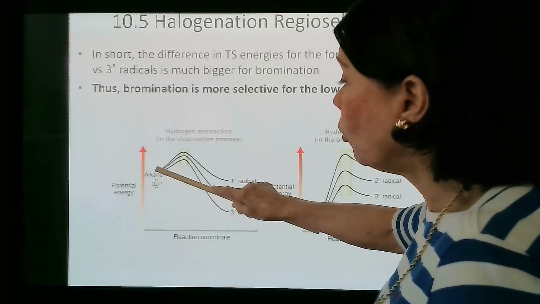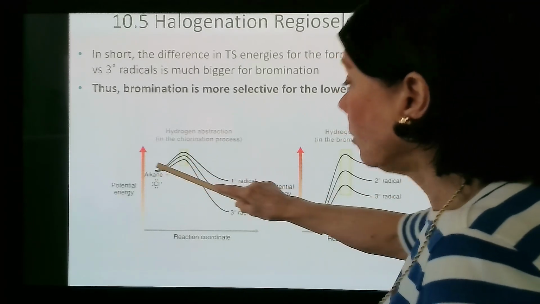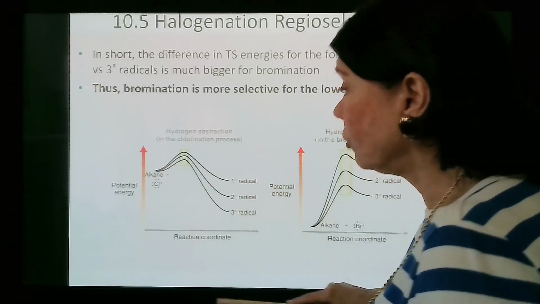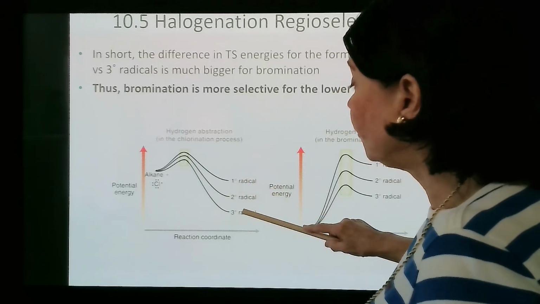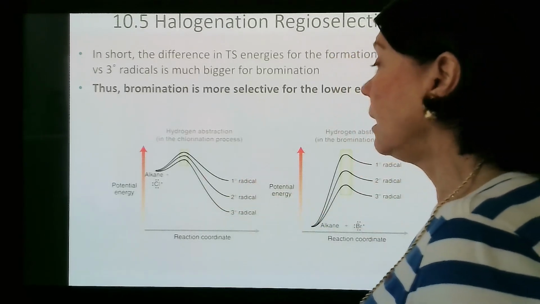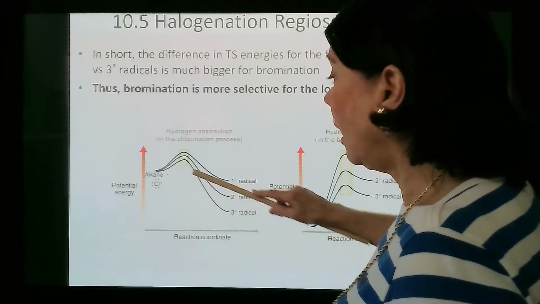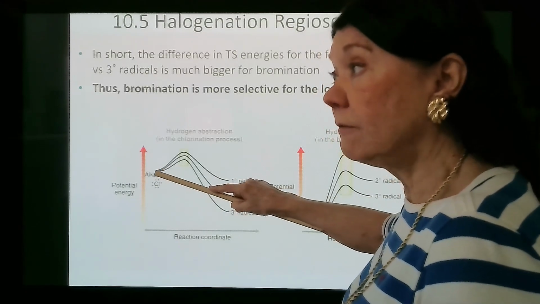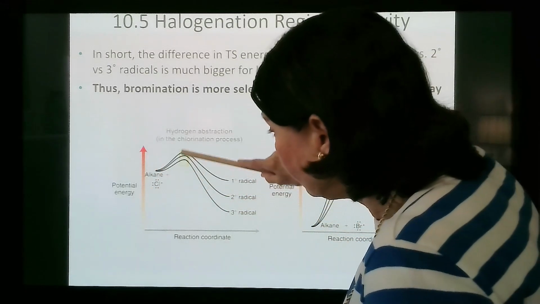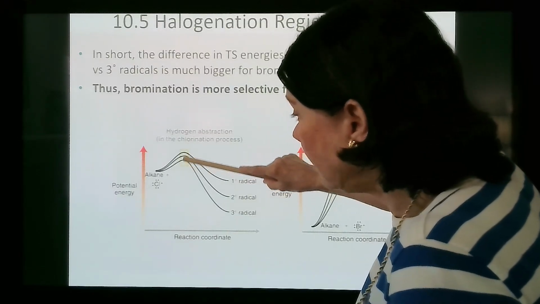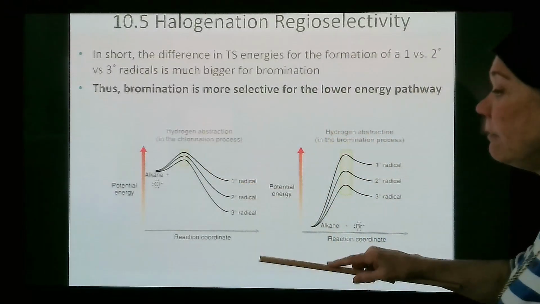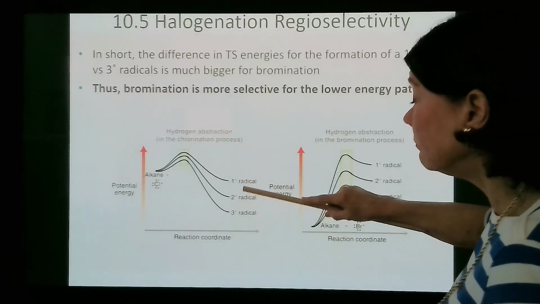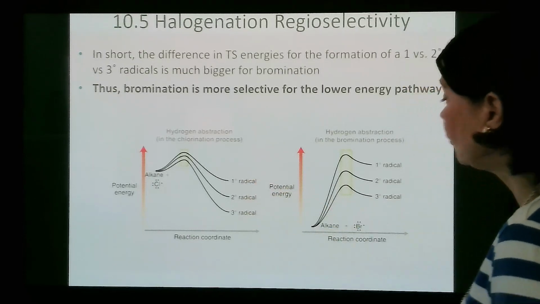And so for chlorination, it's more likely that you're going to get a spread of products. You're not going to get selectivity. So this is what is meant by saying that if your reaction is very reactive, that means there's not much of a spread energetically in the transition state, then you're not going to have much selectivity. That means you're going to have a good distribution among these products.